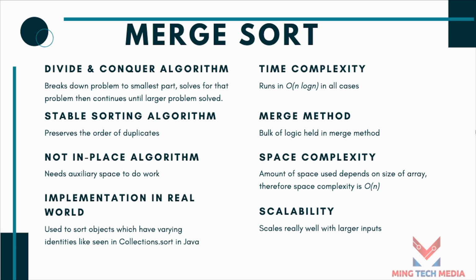Okay. In terms of time complexity, it runs in O of n log n in all cases, right? So the log n part, if you're familiar with logarithms and time complexities, which you should, that's another thing you should be familiar with, is time complexities in general. And I'll explain this in my analysis video of MergeSort in deeper detail.